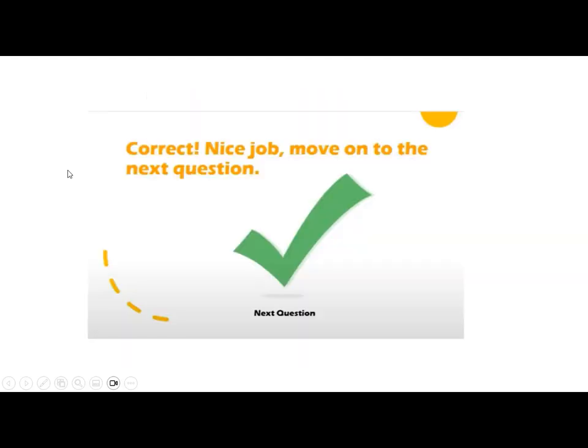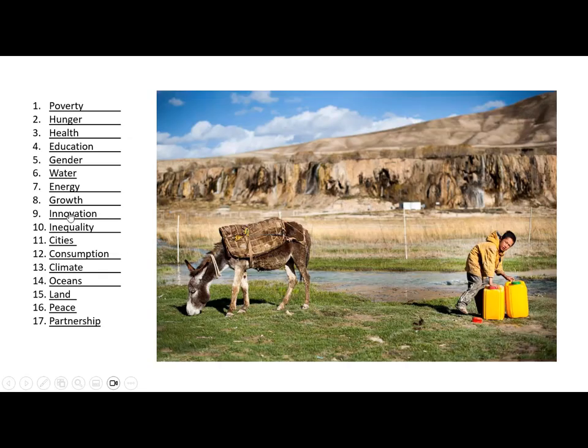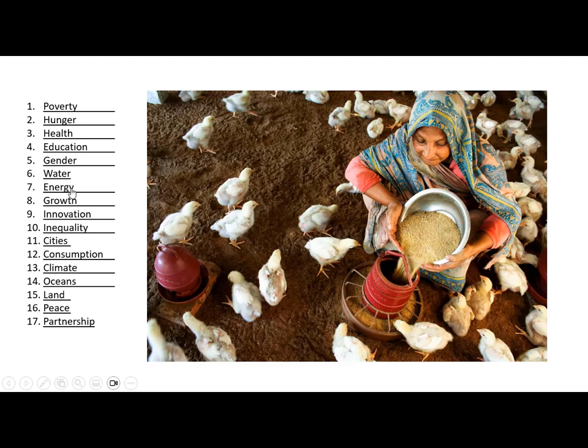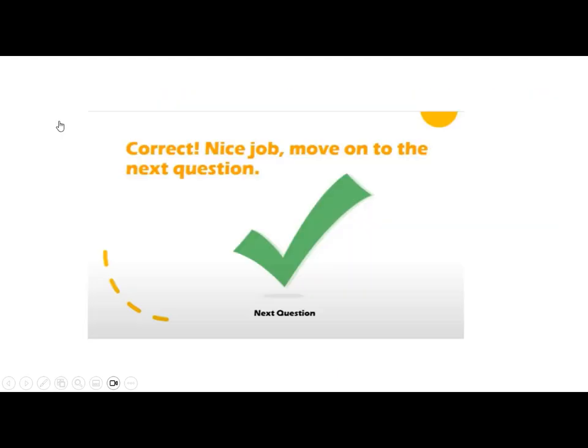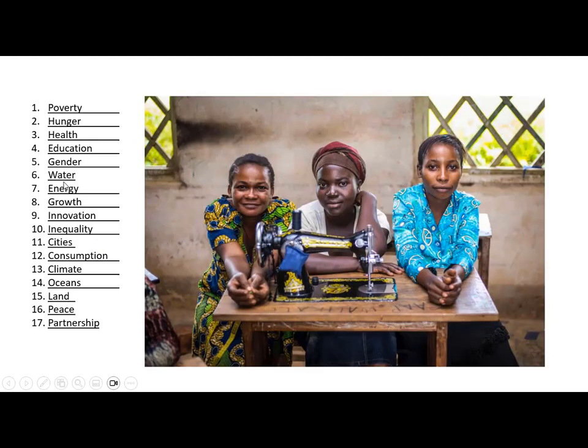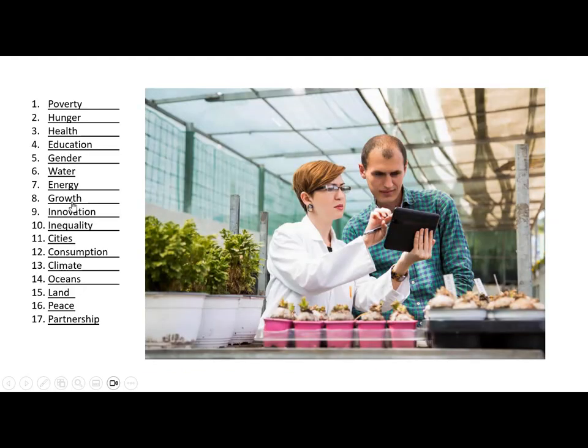This is a lot of women, therefore we go to 5, which is gender. This is water, and this is a bit difficult, but it is hunger. And this of course is about energy, and this about growth and decent jobs, I think.